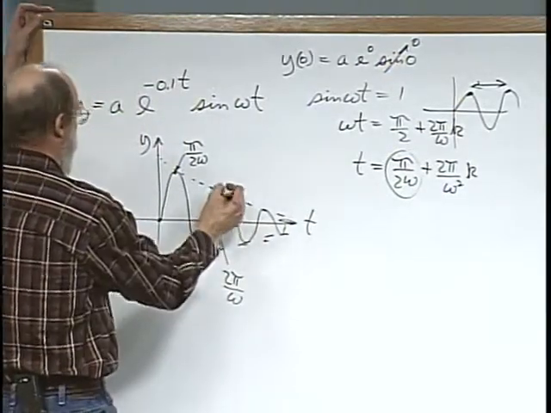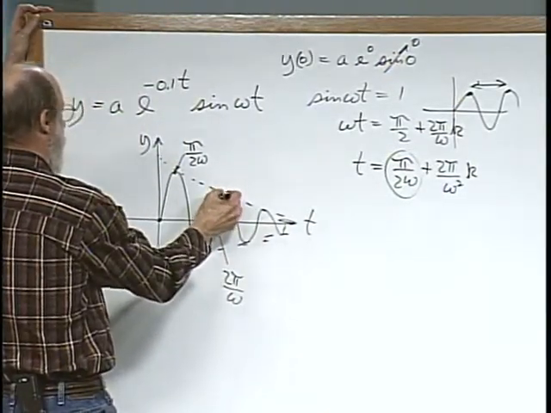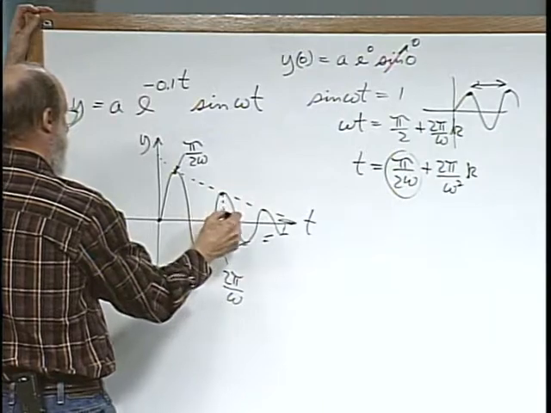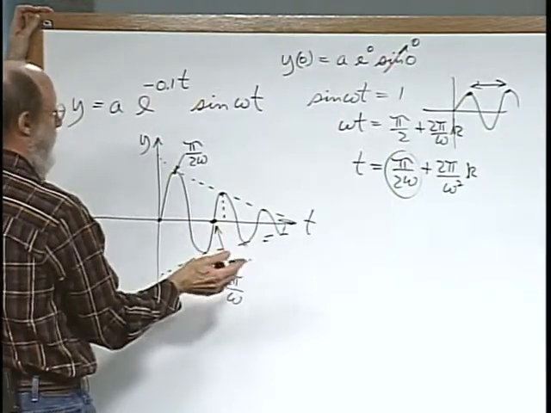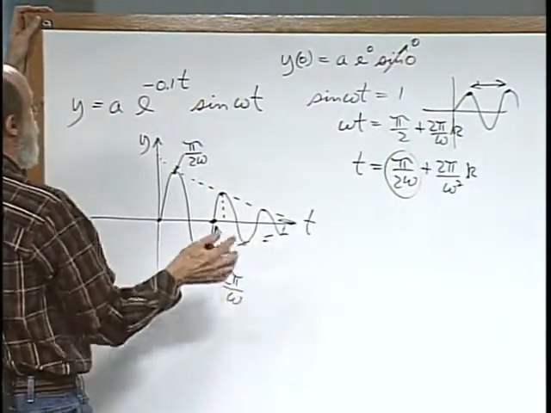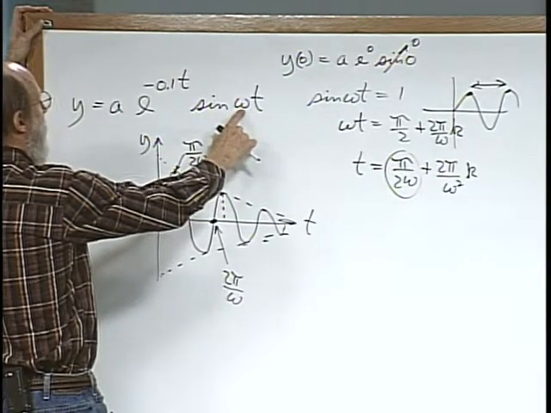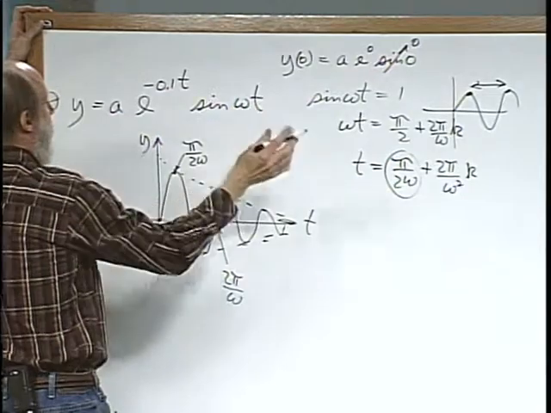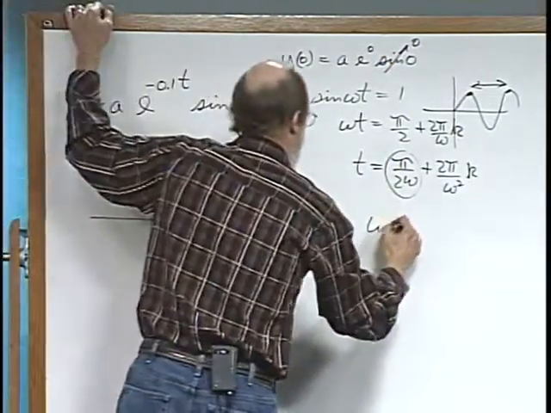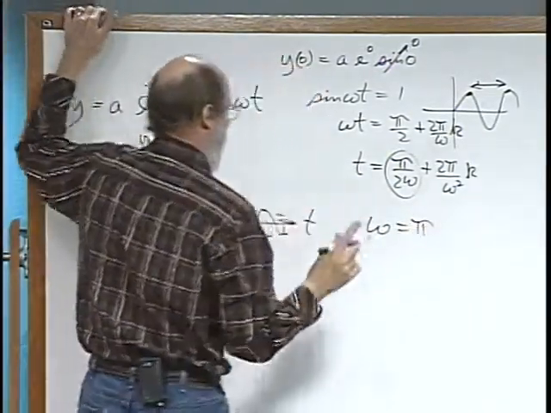What I want to do is just spot check this spot right there, and we'll be able to check this in a minute on the calculator. So let's put in an omega value of, how about pi? Let's let omega equal pi, just to see where this takes us.